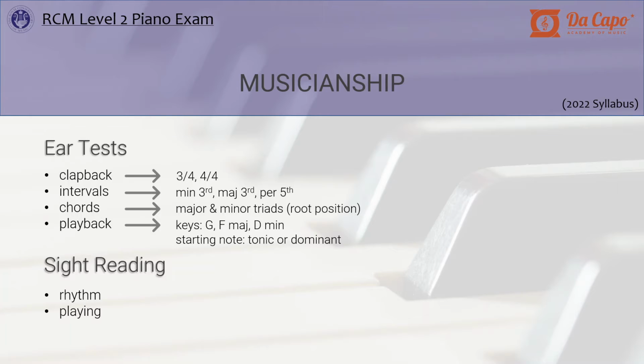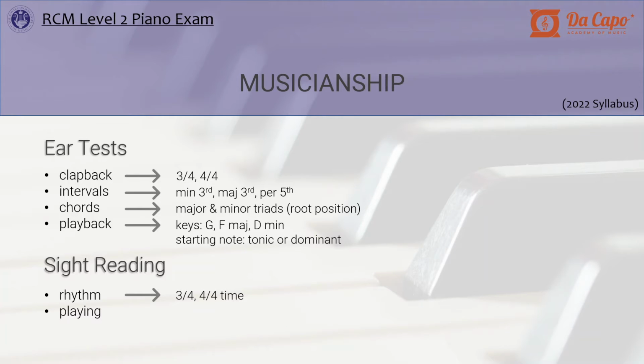And for the sight reading, for the rhythm, this time is going to be in one of two possible times, so 3/4 or 4/4. And the rhythm again is where you see a short rhythm written down in front of you, and you have to tap and clap it back the best you can.